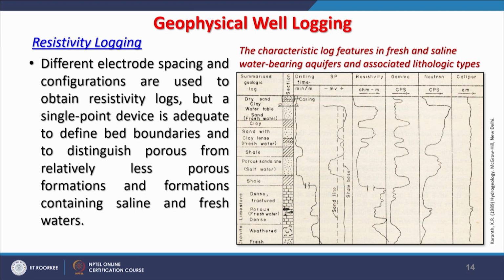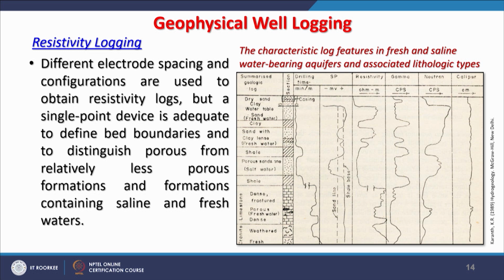Now, as in surface geophysical methods, similarly in geophysical well logging or resistivity logging, different electrode spacing and configurations are used. What are the two different configurations we have discussed in surface geophysical methods? One is Wenner, another one is Schlumberger.